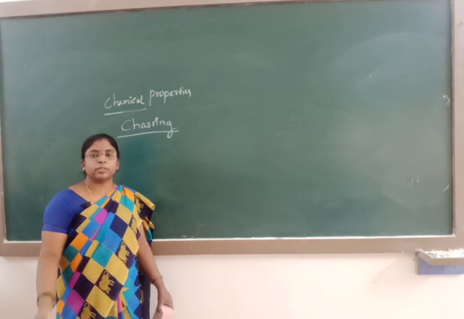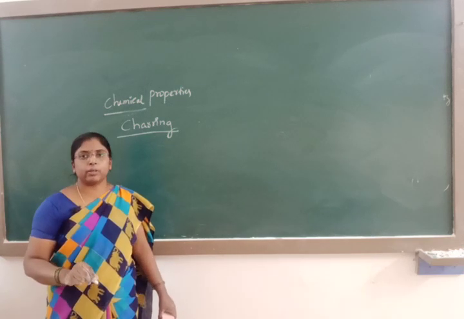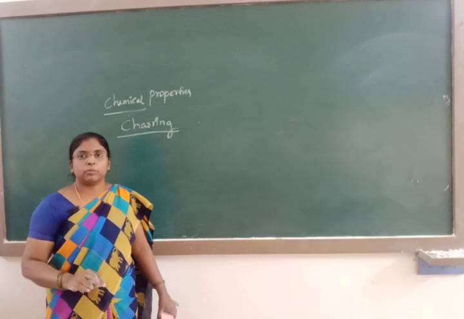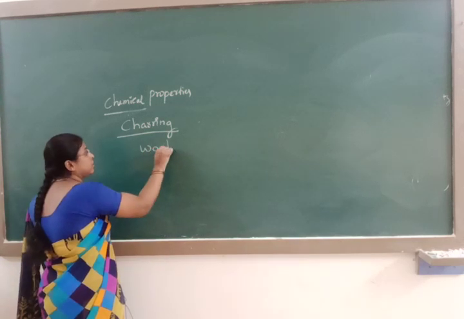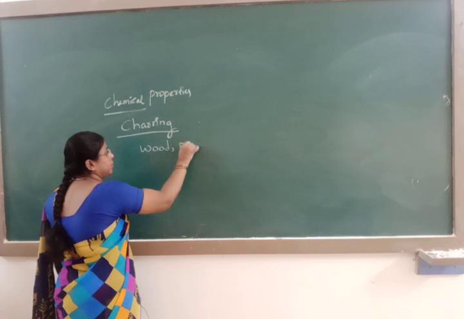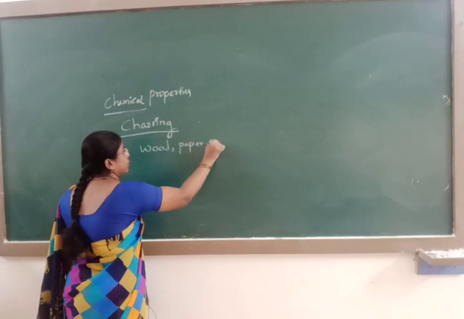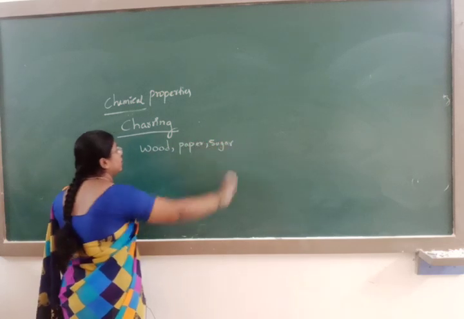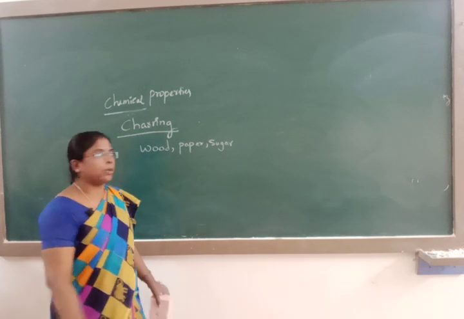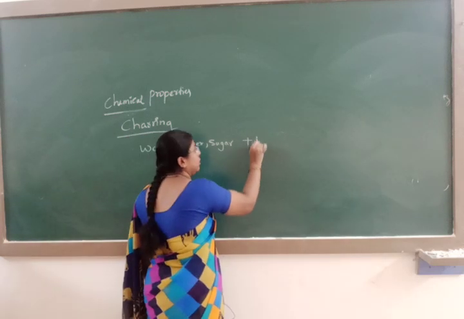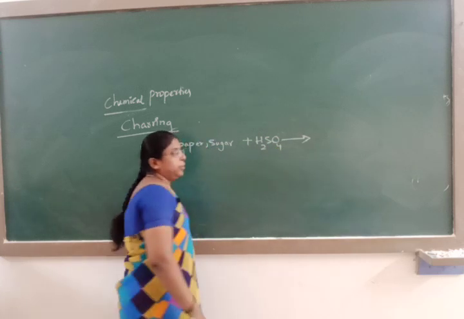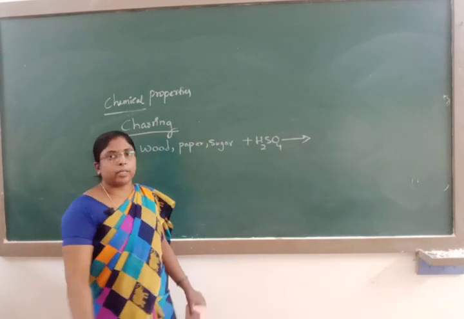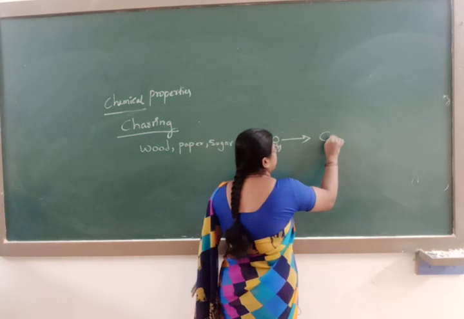Whenever concentrated sulfuric acid reacts with organic compounds like wood, paper, sugar, you get the product as a carbon compound.